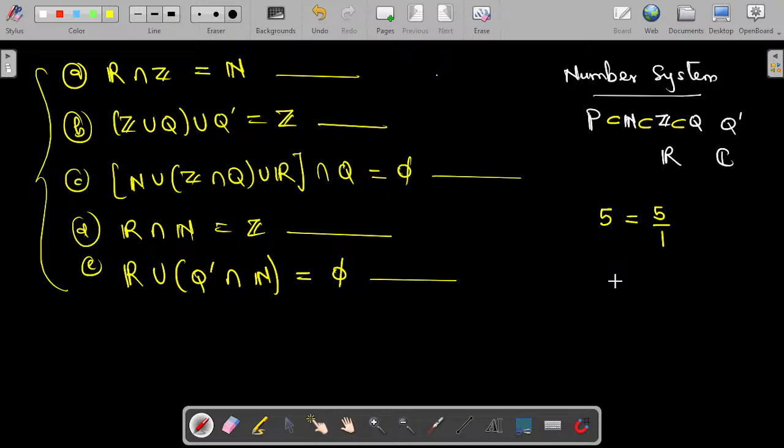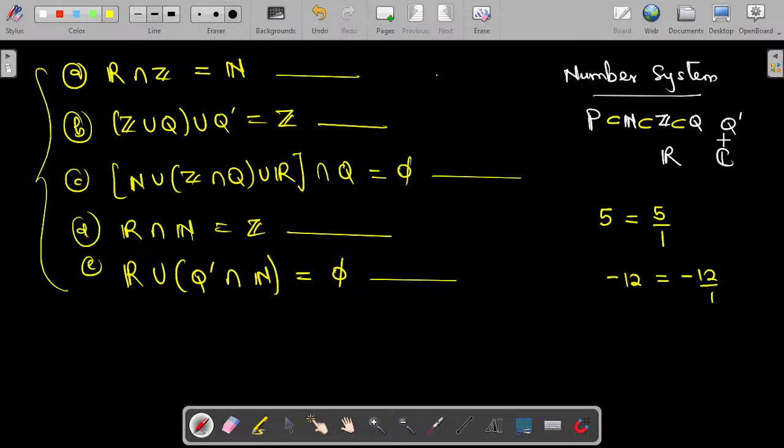And if I have something like minus 12, I can write it as minus 12 over 1. So any integer can be written in a fractional form where the denominator is 1. Therefore, all of them are inside your rational numbers.